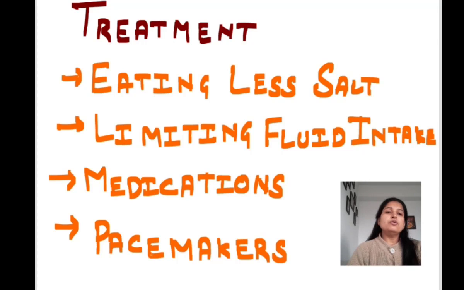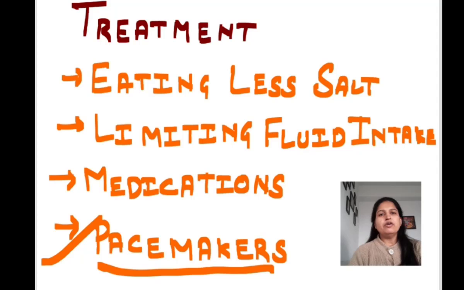So if the heart pacemaker or the SA node is not sending the proper amount of electrical impulse to the heart muscles, the heart's pumping, or the systolic movement and diastolic movement, is going to get affected by this improper electrical impulse. So sometimes an artificial pacemaker is required to be implanted into our heart, so that it gets normal electrical impulses. So pacemakers are also one of the treatments of heart failure.